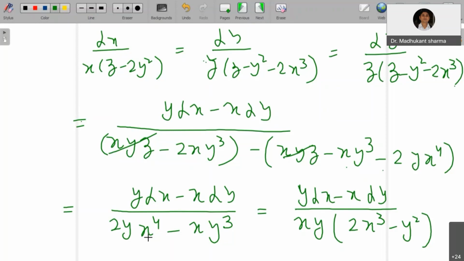You can do this as an exercise and try to get that pair. We will see in the next class. If you are able to find it, you can post it on Google Classroom, or else we will see in the next class.